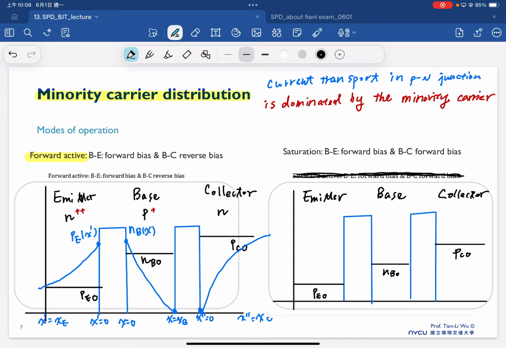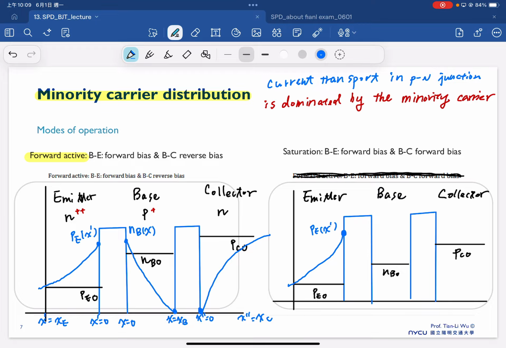So under the saturation, the BE is under forward bias. Therefore, the minority carrier distribution in the emitter region will be the same as in forward active. So that's a PEX prime here.